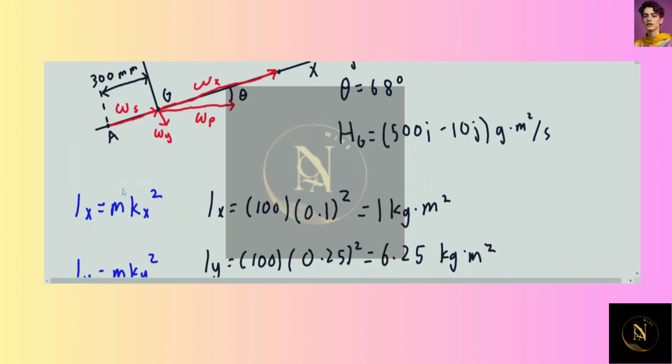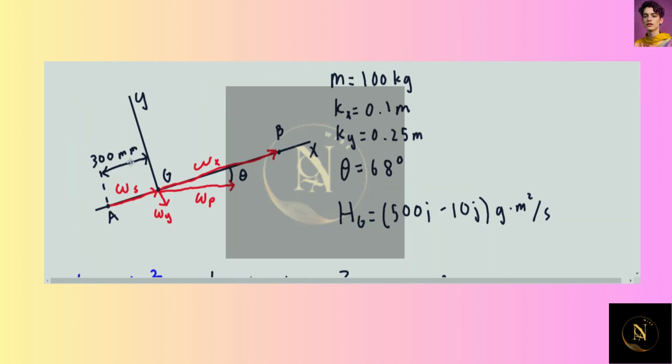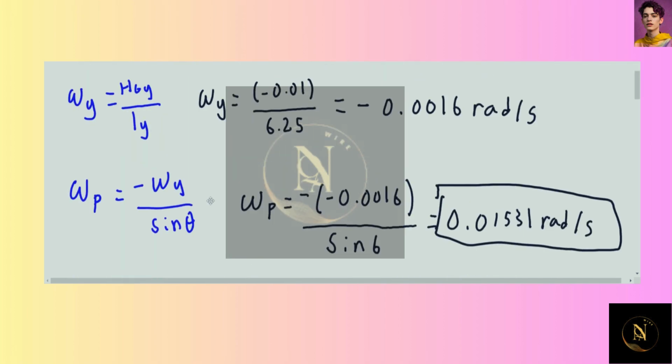We look back at the free body diagram, and we notice that this x component of the angular velocity, we can get it by taking this rate of spin and adding it with the x component of the rate of precession.